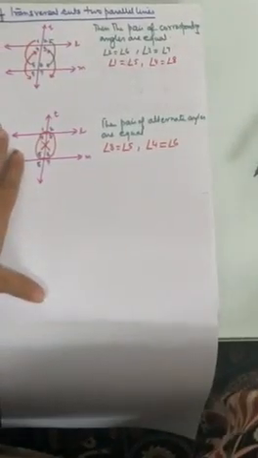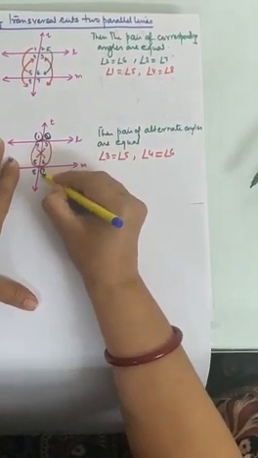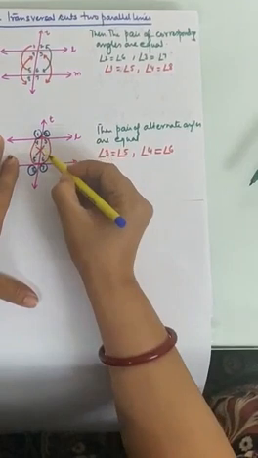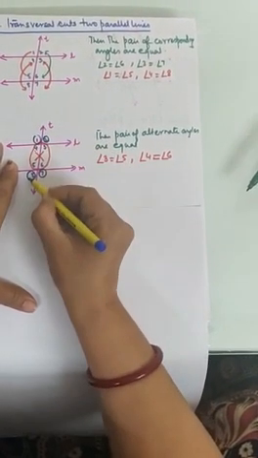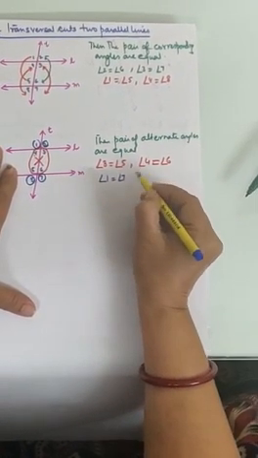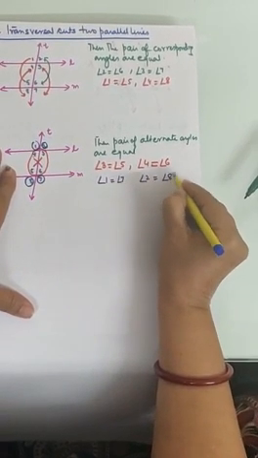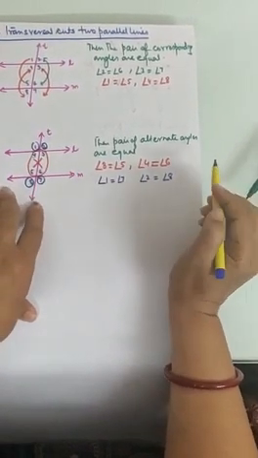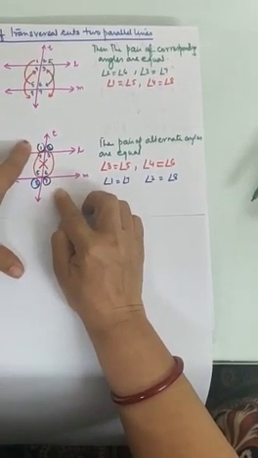Now similarly, you are left with these angles. Make a cross, 1 and 7, 2 and 8. So angle 1 is equal to angle 7, angle 2 is equal to angle 8. Okay. Here also 1 and 7 lie on the opposite side of the transversal.